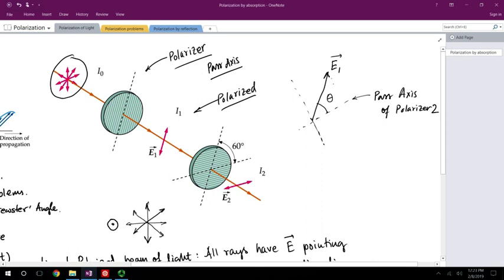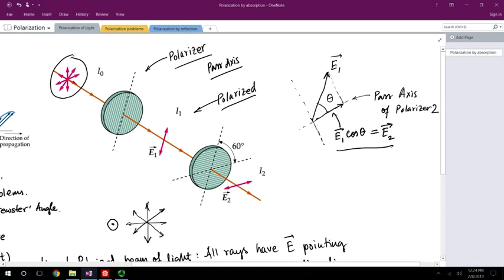Then the component of the electric field E1 along the pass axis of the second polarizer is just equal to the magnitude of E1 times cosine theta. And so the second polarizer will only let through this component of the electric field, which means that after the second polarizer, the rays of light would have electric field E2 equal to E1 cosine theta. So this is E2, this is E1, and this is how they're related to each other.